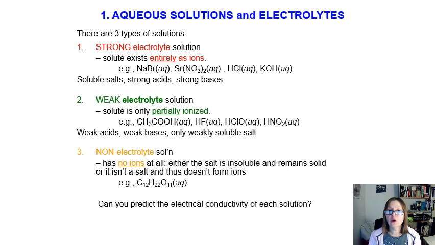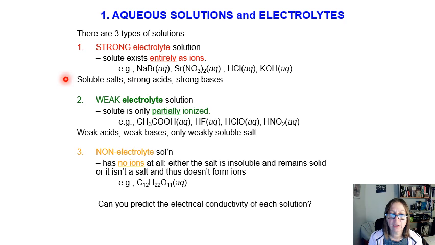So before we look at precipitation reactions, we need to introduce the concept of electrolytes. There are three types of solutions. First, we have strong electrolyte solutions, in which the solute, what we dissolved in that solution, exists entirely as ions.